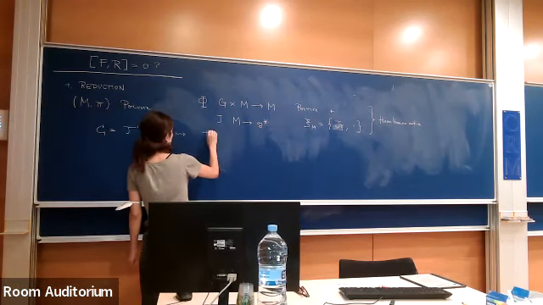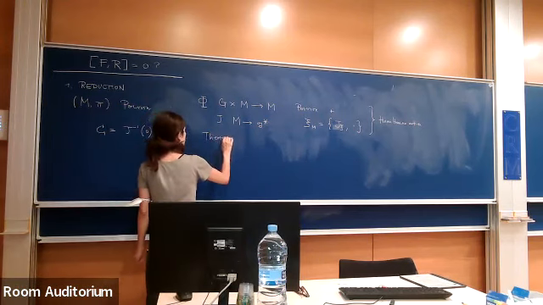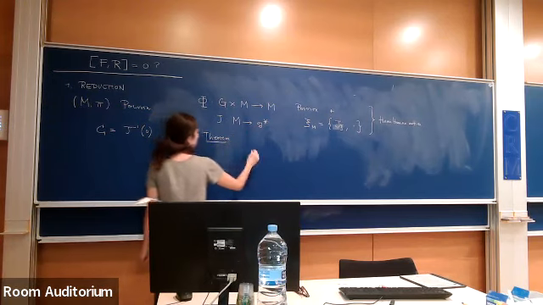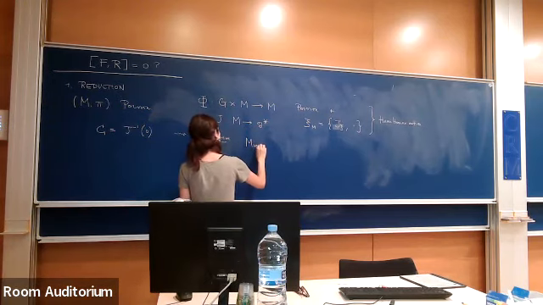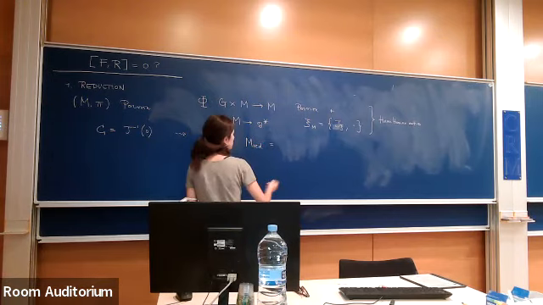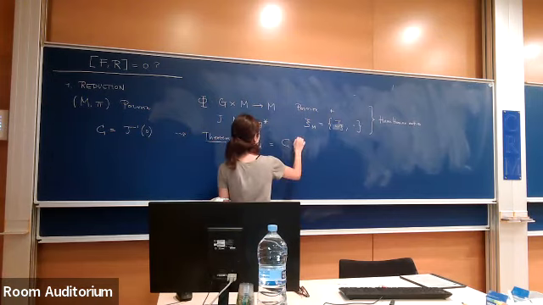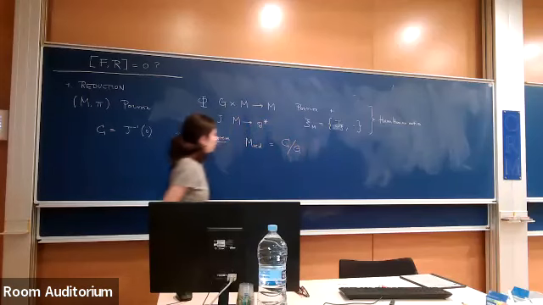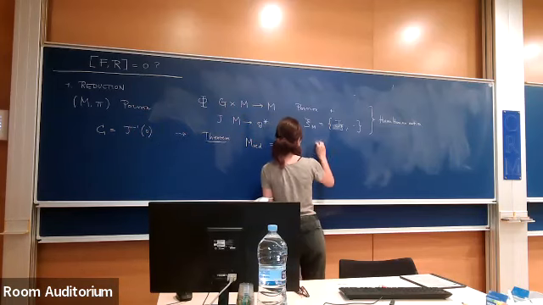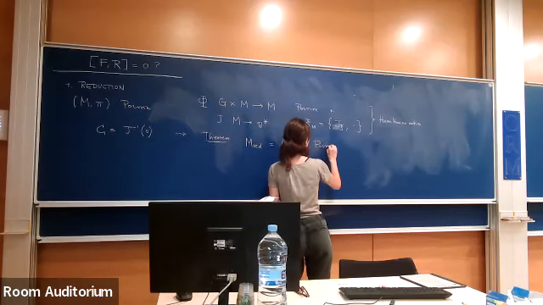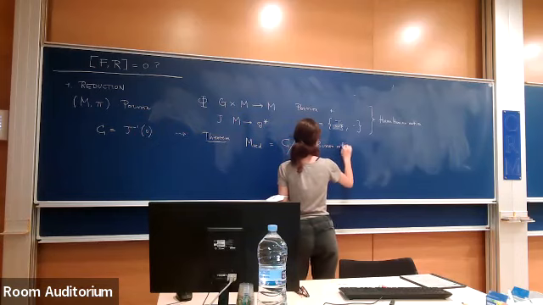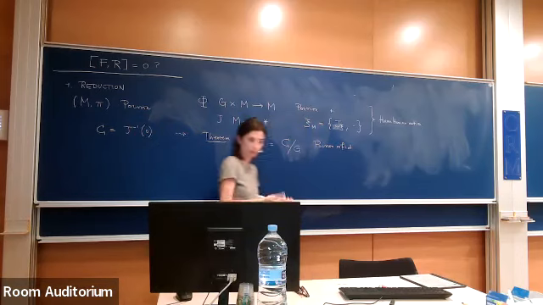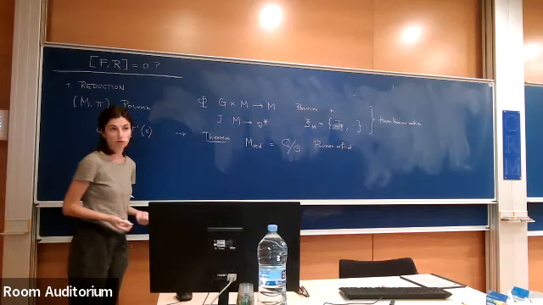So the quotient of C by G is actually a manifold, as I said, but it's also a Poisson manifold. So we really inherit a Poisson structure on it.